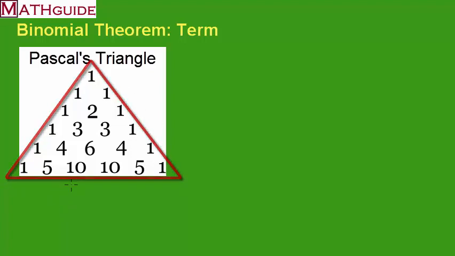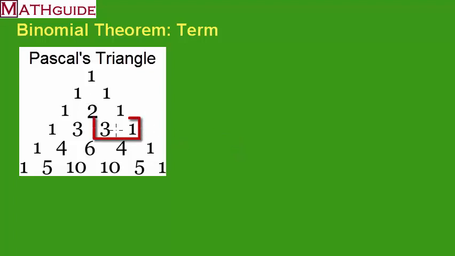To find values in this pattern, you take two adjacent numbers, add them, and write the sum underneath. For instance, I would take 1 and 3 and add them, I get 4. I could take 6 and 4, add those two numbers together, and I would get 10. So you can see that's how these are formed.